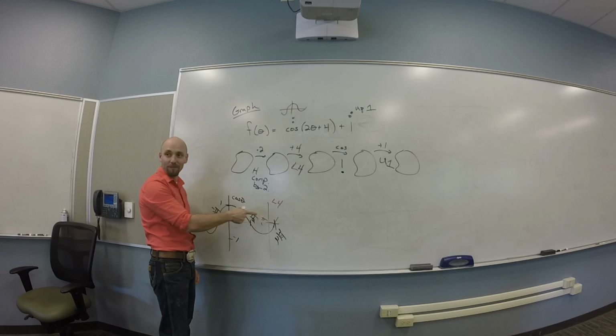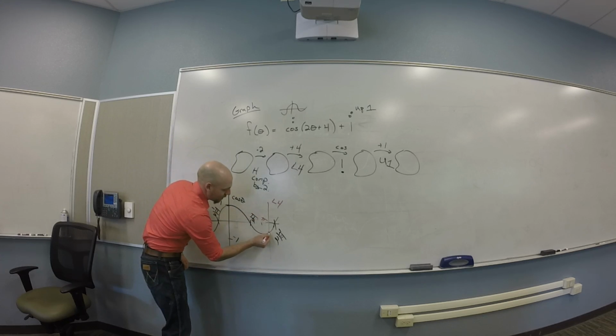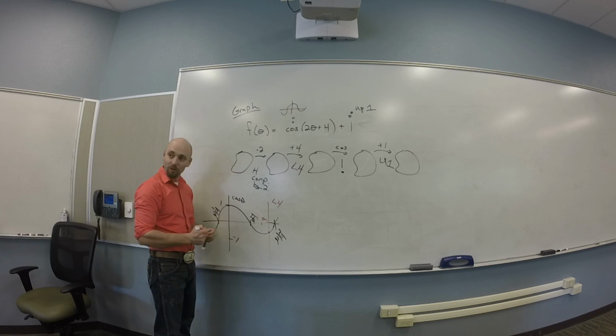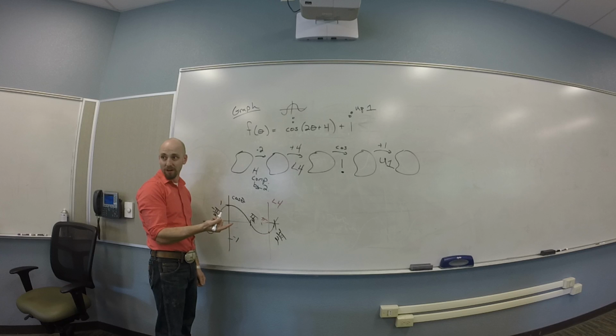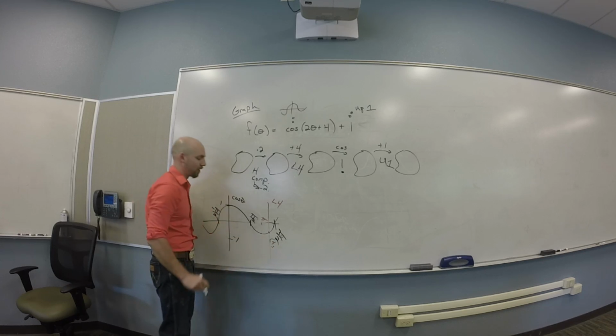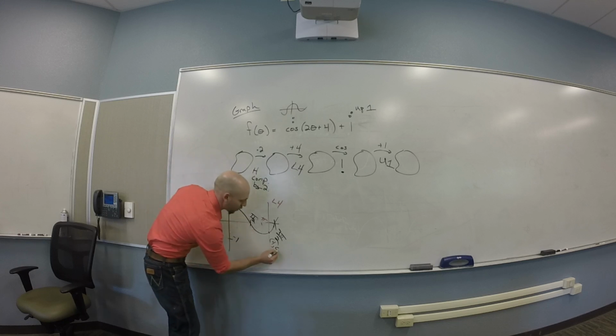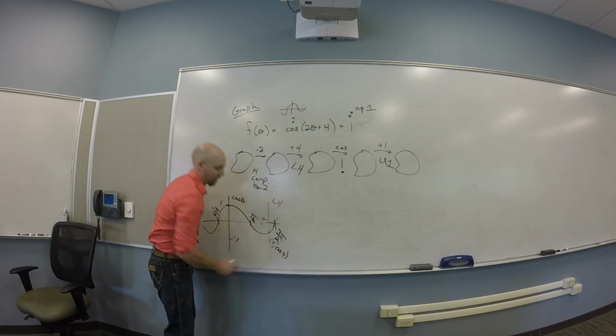So if I want to go left 4 units, the x value on the black should be 4. So that'd be 4, comma, whatever you get out of plugging 4 into the cosine function, so 4, comma, cosine 4.